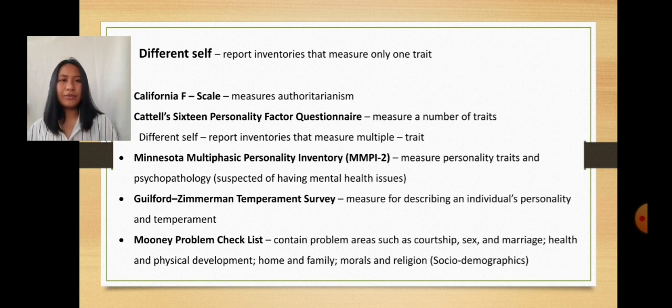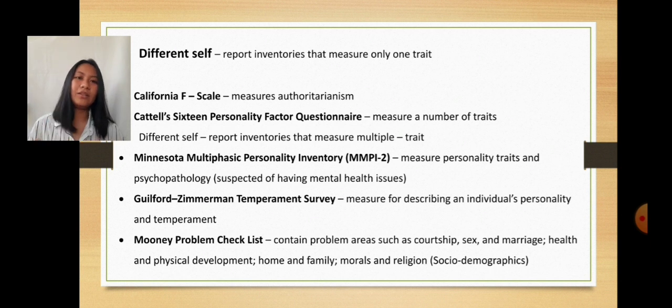Different self-report inventories measure multiple traits. So we have here the Minnesota Multiphasic Personality Inventory, which measures personality traits and psychopathology, suspected of having mental issues. This is an inventory that measures multiple traits.